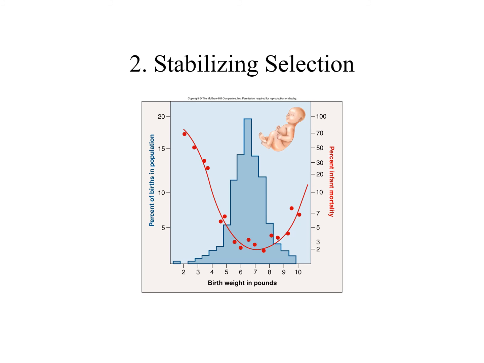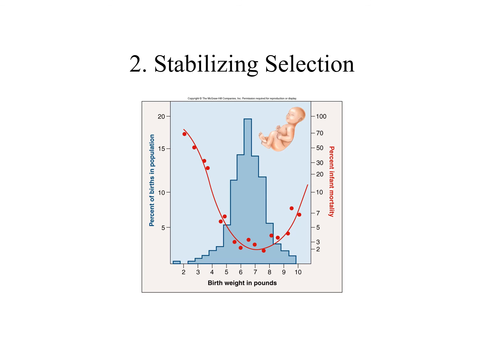The genes, in this case, that cause babies to grow at a moderate rate so that they're between 5.5 and 8 pounds is optimal. When you look at this graph and see at low birth weight, mortality goes up. At high birth weight, mortality goes up.